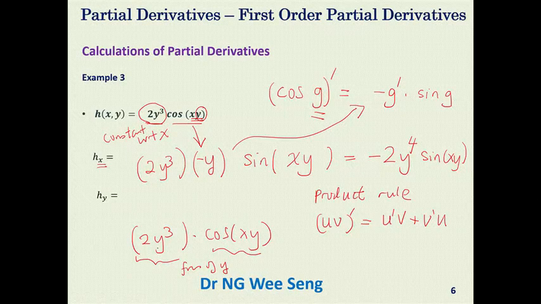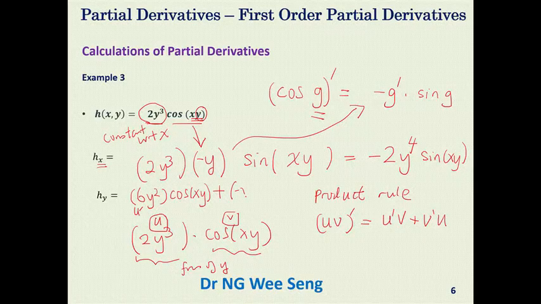So we first differentiate 2y cubed with respect to y, that will give us 6y squared. So 6y squared is our u prime, multiplied by v, which is cosine xy. Then followed by the differentiation of v, which is the differentiation of cosine xy with respect to y.